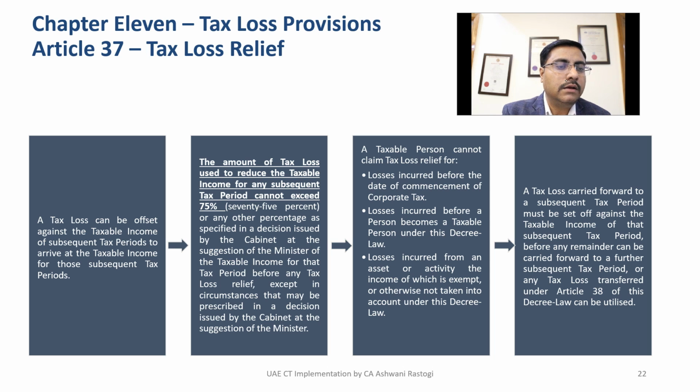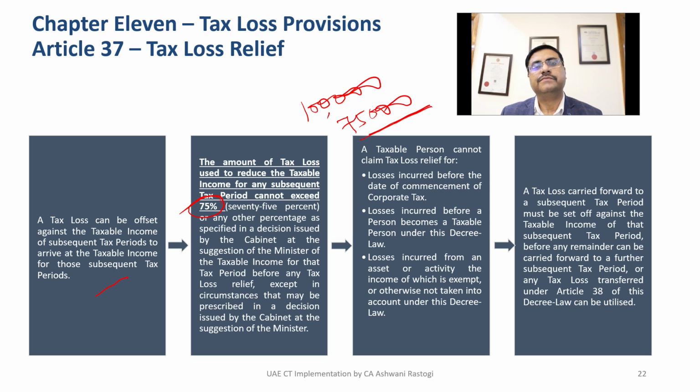So a tax loss can be offset against the taxable income of the subsequent tax period to arrive at taxable income for those subsequent periods, right? The amount of tax loss used to reduce the taxable income for any subsequent period cannot exceed 75%. So if your loss is 1 lakh, only 75,000 is allowed to be offset, right?